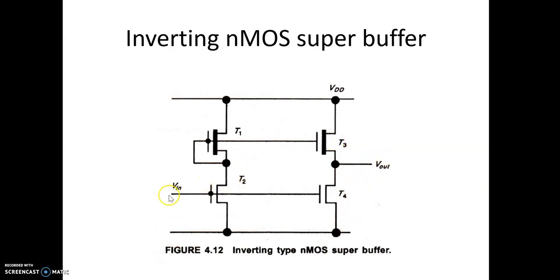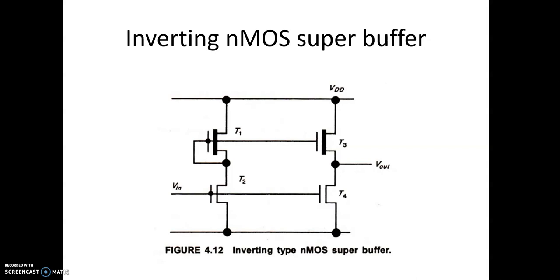And suppose Vin is 0, the voltage at this point is VDD, because this transistor is on. This point is driven to VDD, and the same VDD is given to T3 as well. Since the VGS value is VDD here, we know that the drain current will be proportional to the gate voltage.